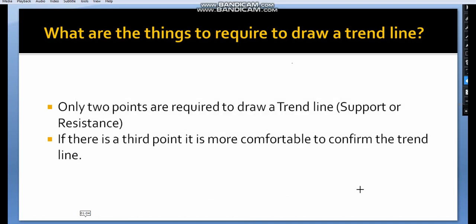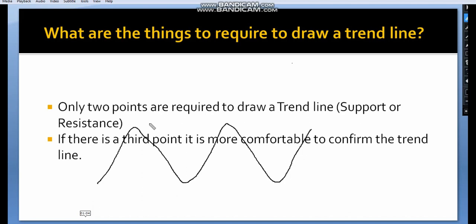The next one is, if there is a third point, it is more comfortable to confirm the trend line. For example, the market is going like this. How many points are available? There are 3 points, 1, 2 and 3. Here also support 1, 2 and 3.